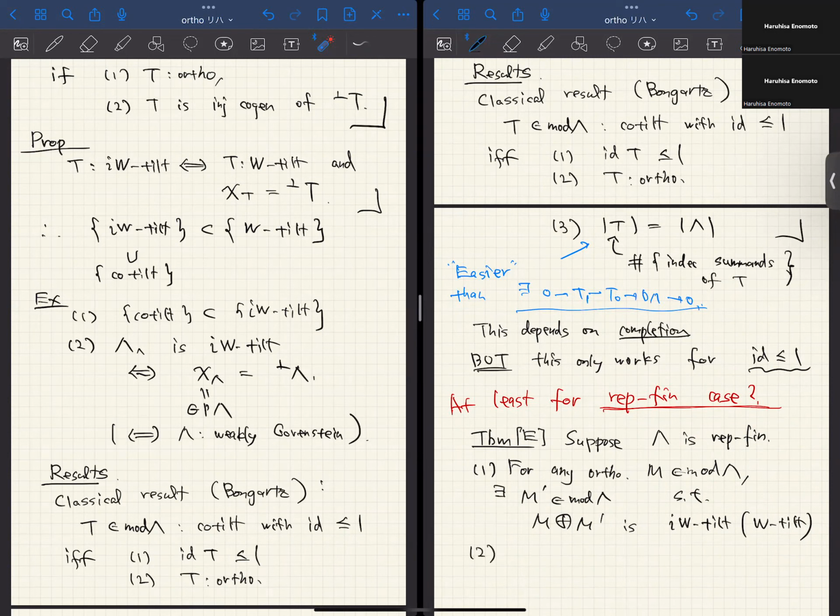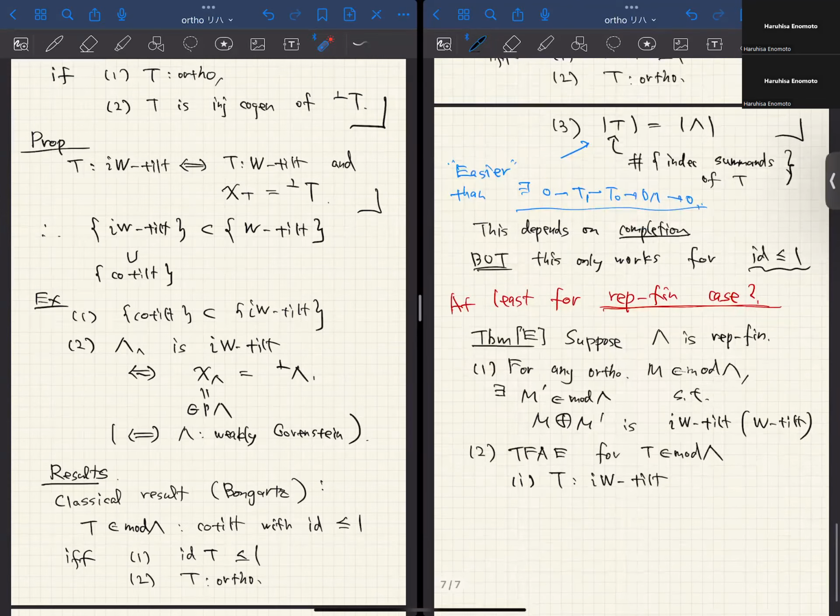And the second condition is about the equivalence of Wakamatsu modules, a characterization of Wakamatsu modules for the representation finite case. So the following conditions are equivalent for a lambda module T if lambda is representation finite. The first condition is injectively Wakamatsu.